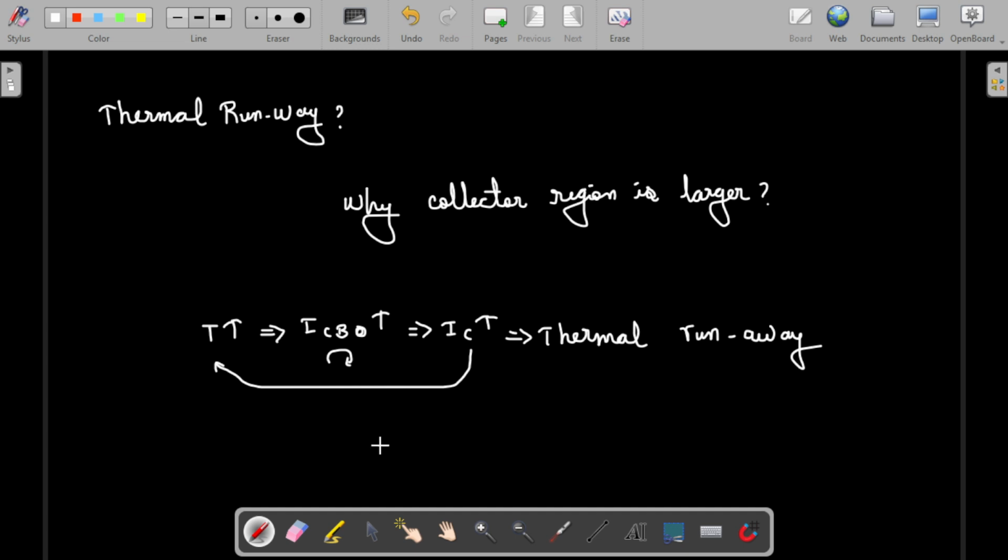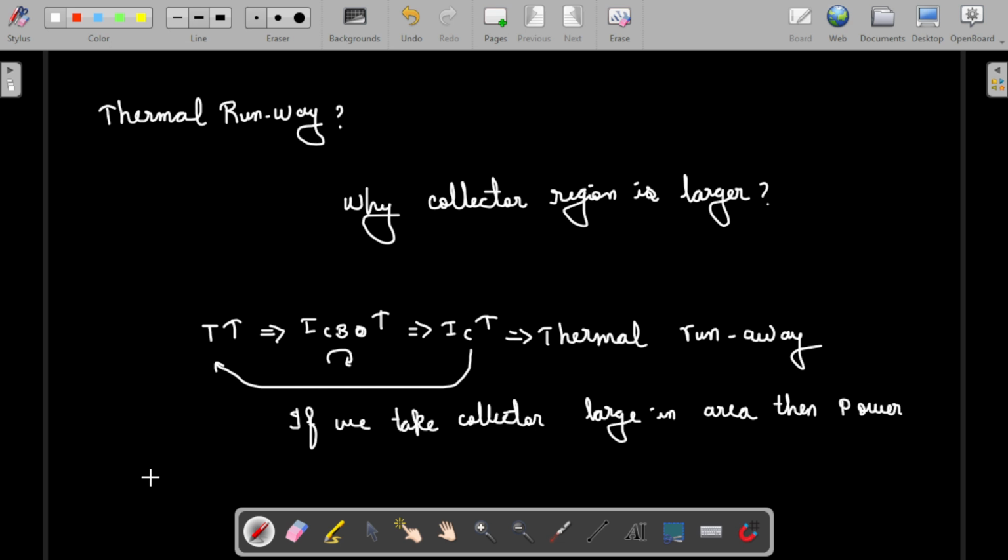In order to avoid this, we make the collector region larger. If we take the collector larger in area, then power per unit area will be reduced, because of the large area, so the power dissipation is spread out.